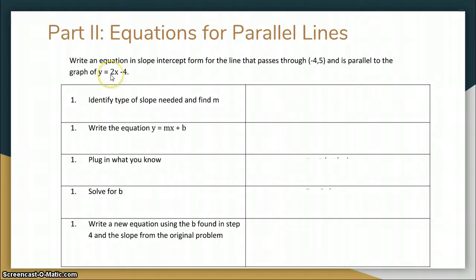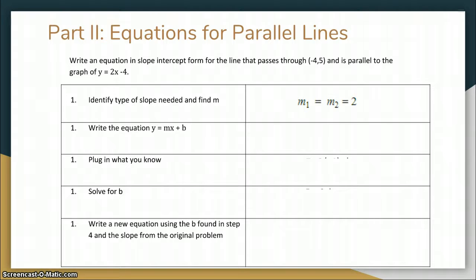So here's our original line, and I'm going to call that m1, and I'm going to call the new slope m2, but understand that with parallel lines, those are equal. The first slope is the same as the second slope, so they both equal 2. The slope is 2 in this line, the slope is going to be 2 in our new line. So that's how difficult it is to find the slope for parallel lines. I just look at the old one and copy the slope. That's going to be my new m.